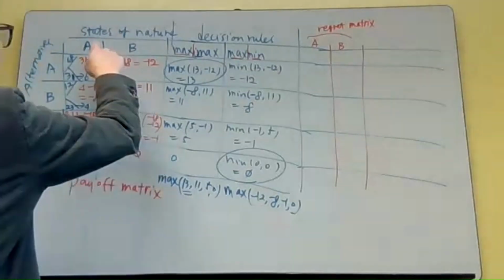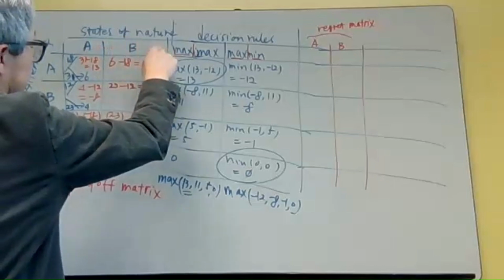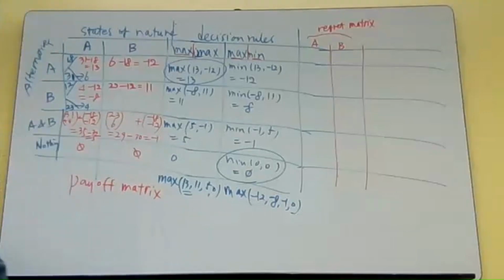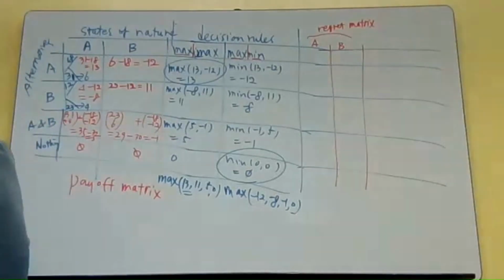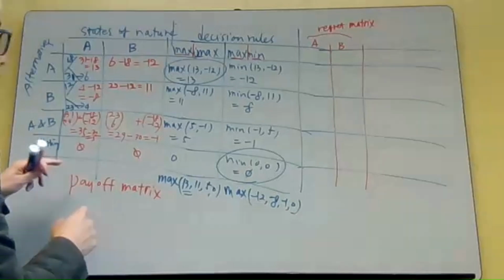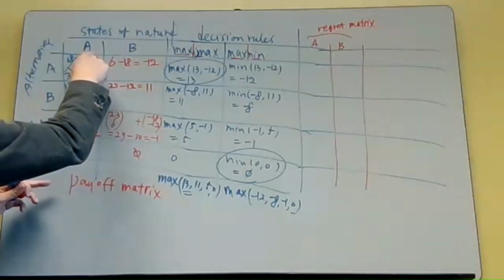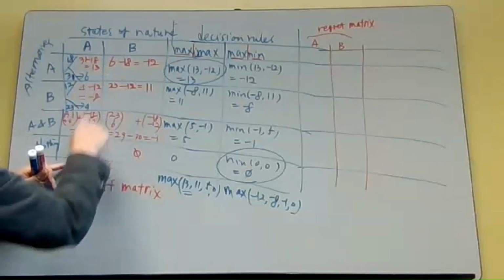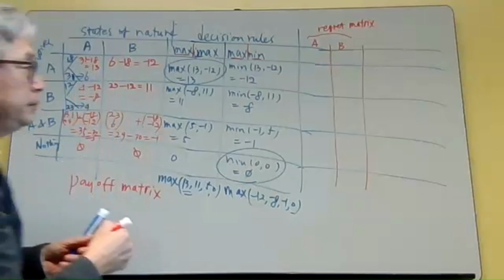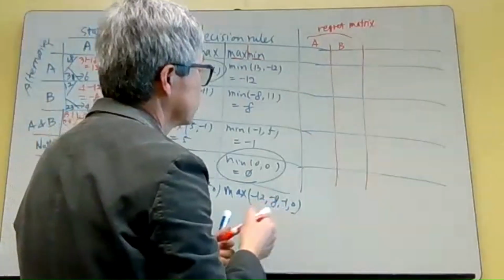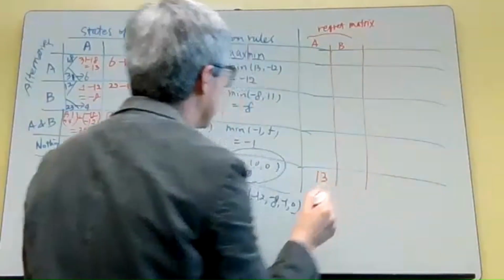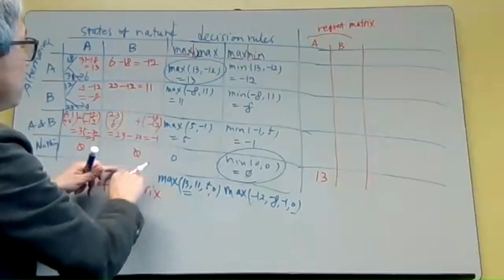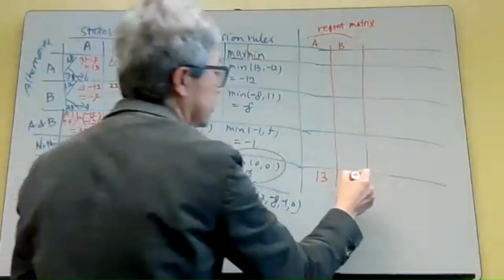Now we see on each state of nature, what is the maximum payoff? Under the state of nature A, the maximum value will be 13. Under the state of nature B, the maximum payoff will be 11.